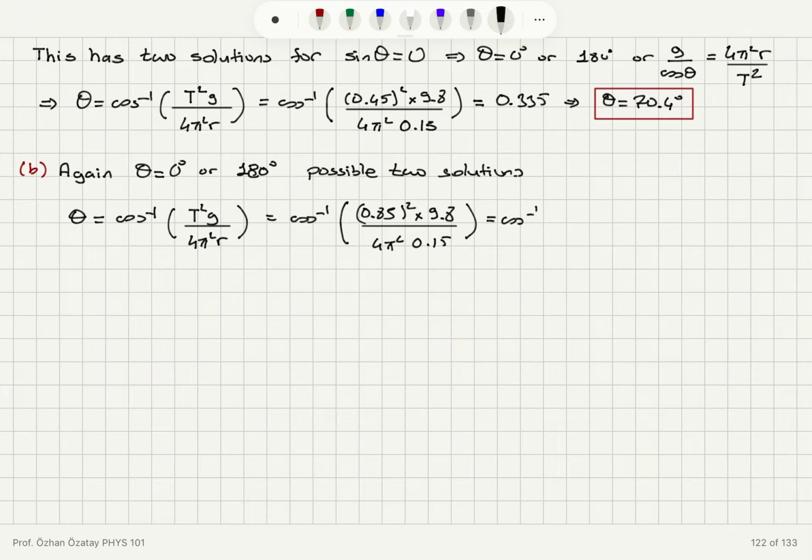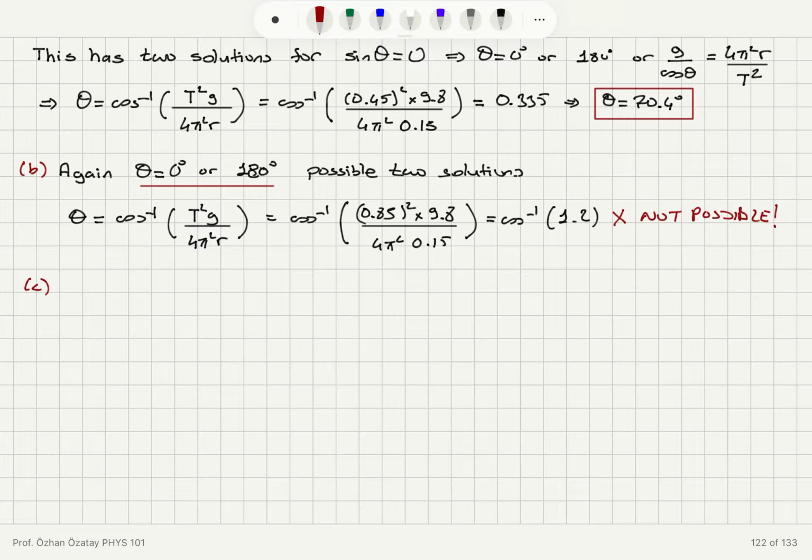That gives us cosine inverse of 1.2. So we know that this is not possible. Cosine is a function that oscillates between plus or minus 1, so that doesn't give any solution. So these are the only two solutions we can have in part B.